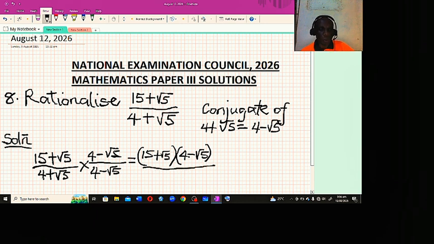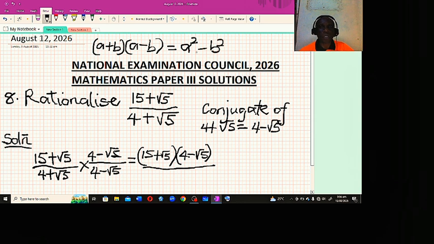For the denominator, if you look at 4 plus root 5 and 4 minus root 5, it suggests what we call difference of two squares. If you recall, the difference of two squares says that if I have A plus B and I multiply by A minus B, the identity is simply A squared minus B squared.